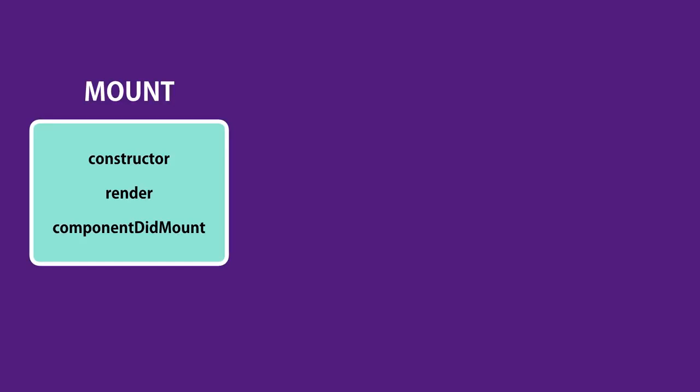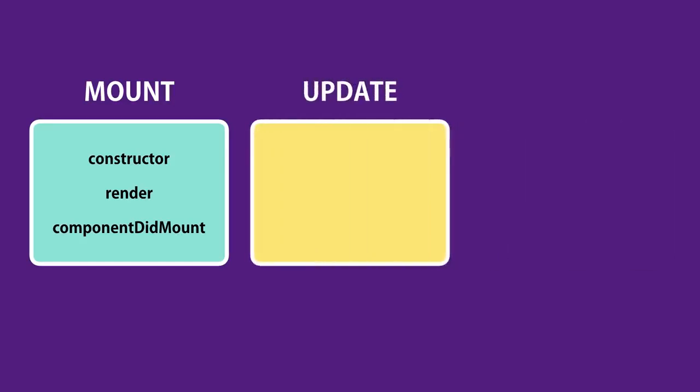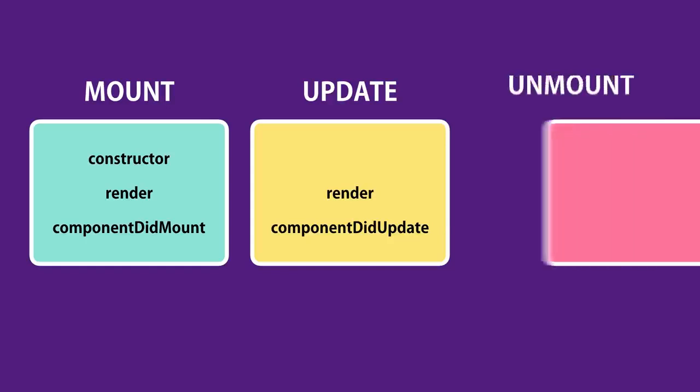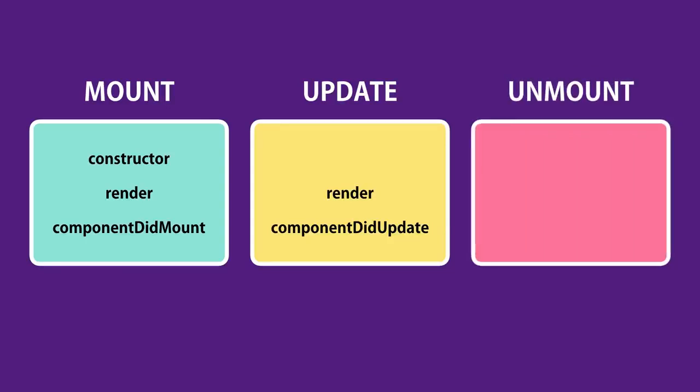The second lifecycle phase is the update phase, and this happens when the state or the props of a component get changed. In this phase, we have 2 lifecycle hooks, render and componentDidUpdate. So whenever we change the state of a component or give it new props, these 2 methods are called in order. And the last phase is the unmounting phase, and this is when a component is removed from the DOM, such as when we delete a counter.